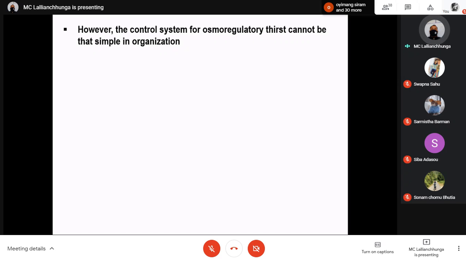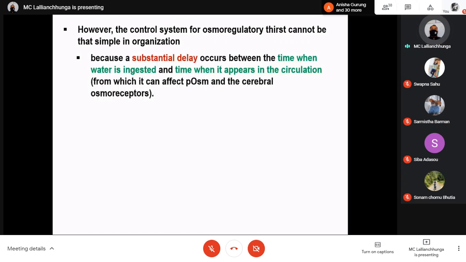So it is not a simple mechanism. The control system cannot be that simple because a substantial delay occurs between the time when water is ingested and the time when it appears in the circulation. So this point is very important.